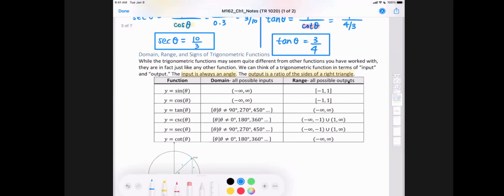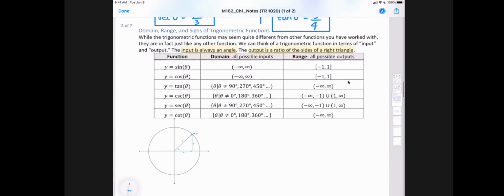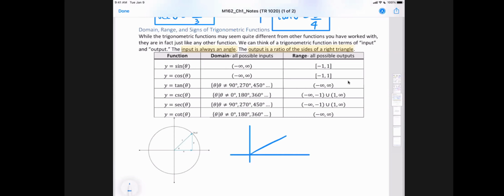So for example, if our input was 30 degrees, then we draw out this 30-degree angle. And we know that on our unit circle, those were the sides of our right triangle. And so the output we know, if we want the sine, it's a ratio. A ratio is a fraction of two sides of the triangle, right?